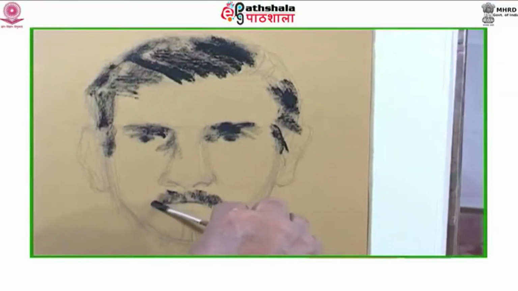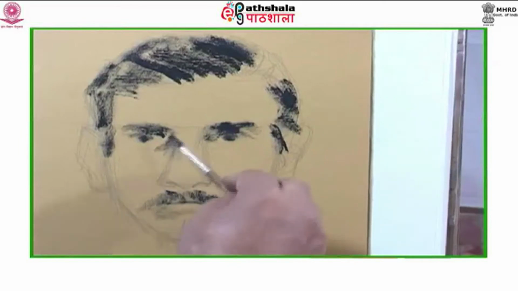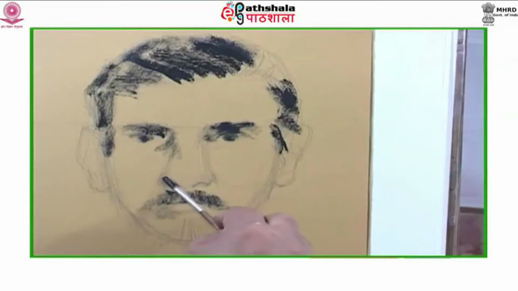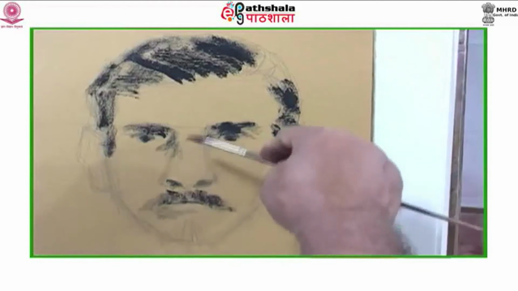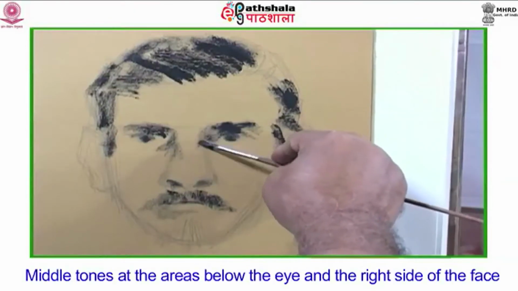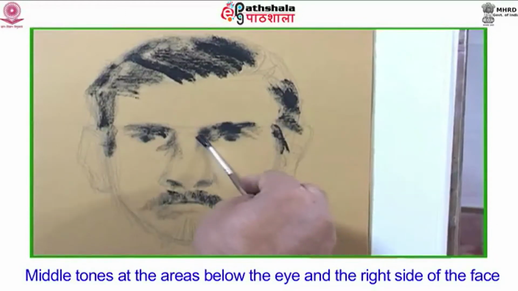Shade the moustache before drawing the nostril. And middle tones at the areas below the eye and the right side of the face.